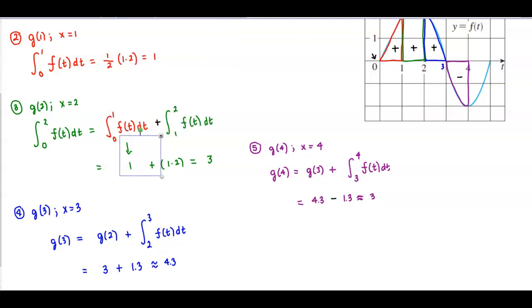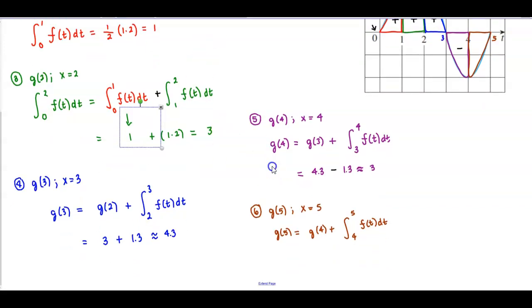Okay, now let's take a look at g of 5, where x is equal to 5. We know that g of 5 is going to equal g of 4 plus the integral that goes from 4 to 5 of f of t dt. Again, this represents this piece here, going from 4 to 5.